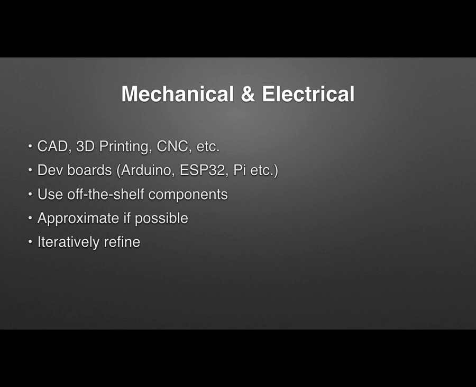It's a low investment in terms of time. Once you've done it once, you get pretty familiar. And there's also an incredible amount of resources available for learning this kind of thing. So for hardware, you really want to use off-the-shelf components, and you want to iteratively refine it.